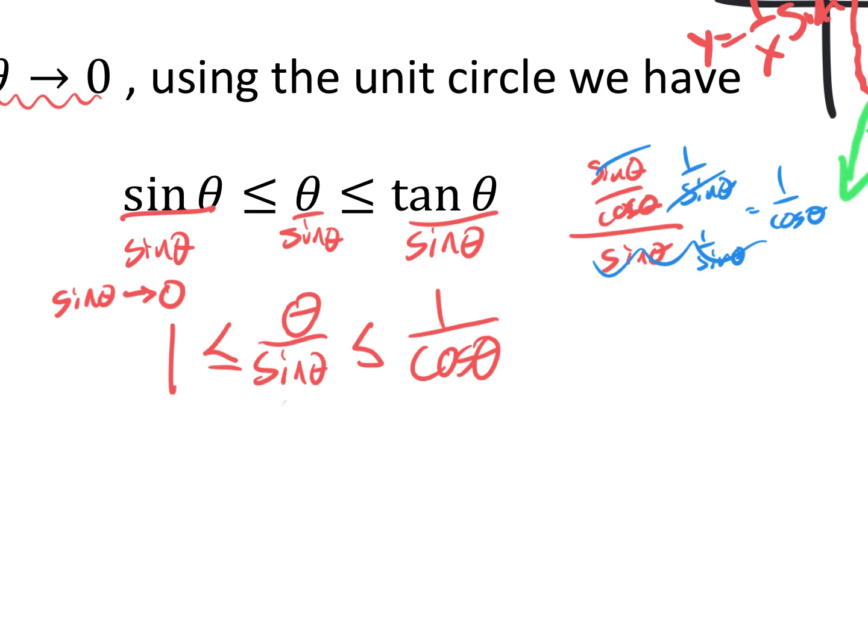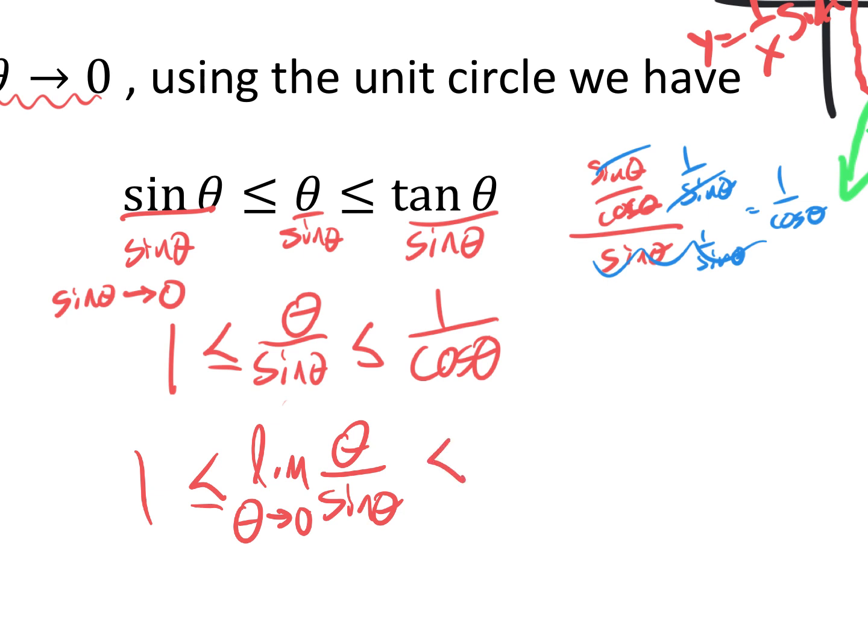So the limit as theta goes to 0 of theta over sine theta, well, it's got to be greater than 1 because it's always greater than 1. And as theta goes to 0, what is cosine of theta? Well, cosine of theta becomes cosine of 0, and cosine of 0 is 1. So this is 1 over 1, which is 1.